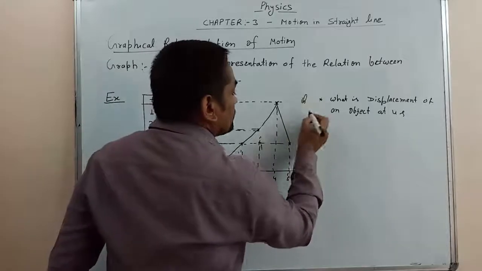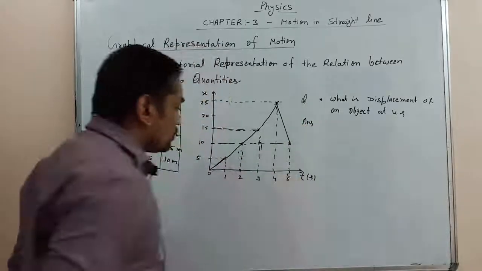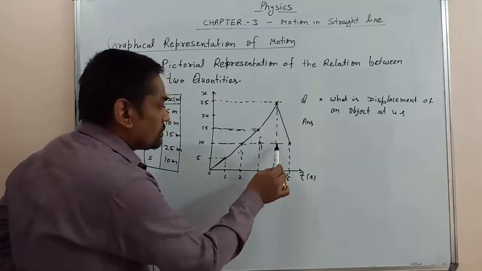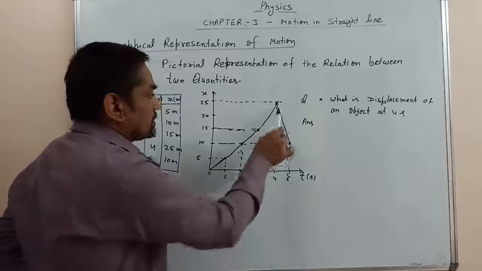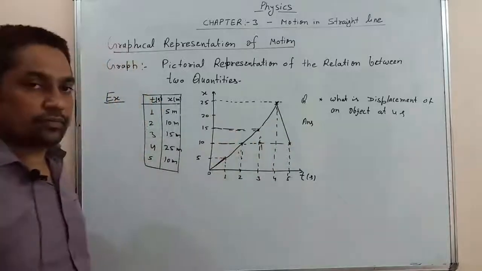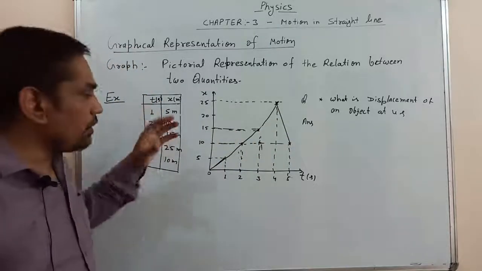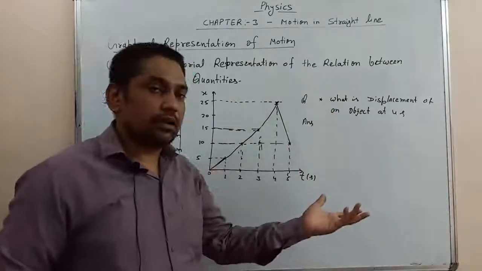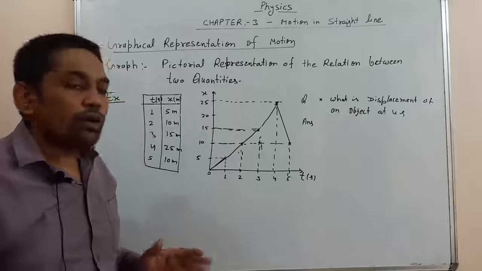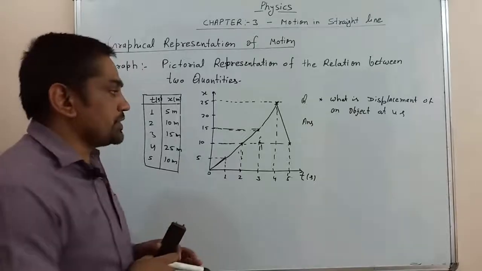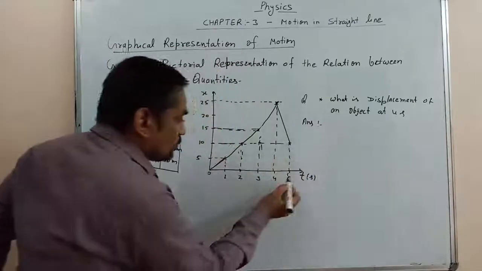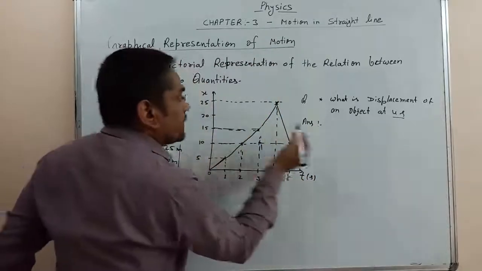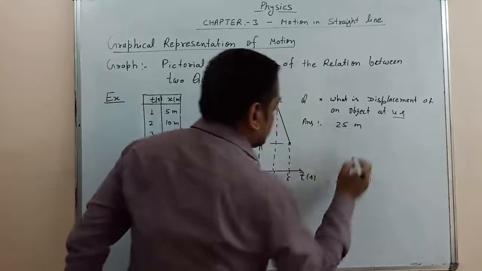So the answer is, the time 4 seconds is here, and at 4 seconds the displacement is 25. The table is not given, only the graph is given, and the question asks about the data. So the answer is 25 meters.